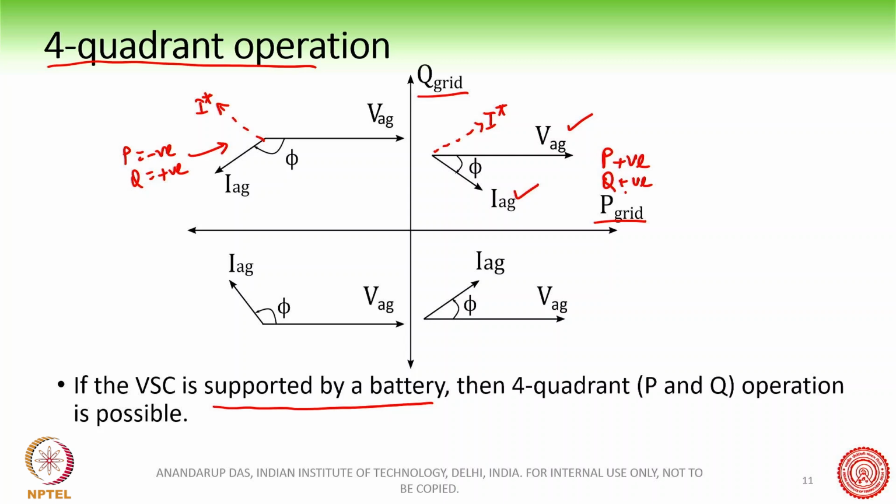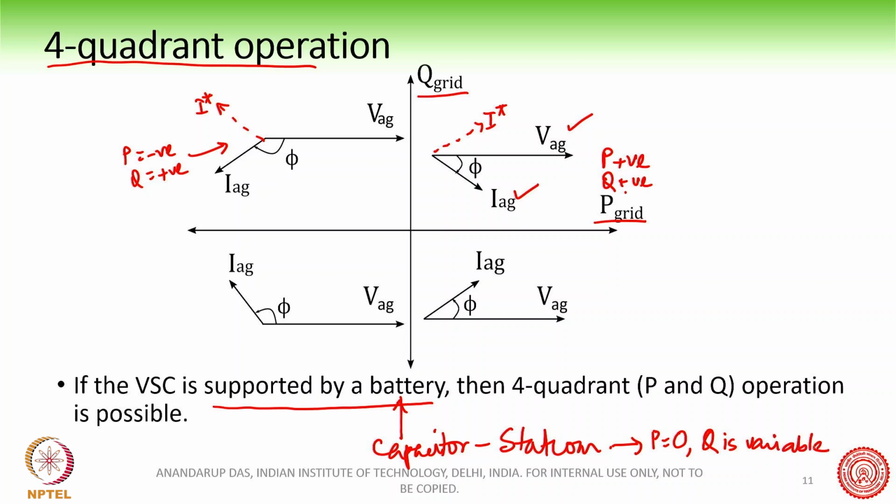But suppose we do not have a battery, suppose we have a capacitor in the DC bus, which is called a STATCOM. So if it is a STATCOM, suppose this is an ideal STATCOM where there is no active power loss, so P is 0. In an ideal STATCOM, P equals 0 and Q is variable. This is what happens in a STATCOM.